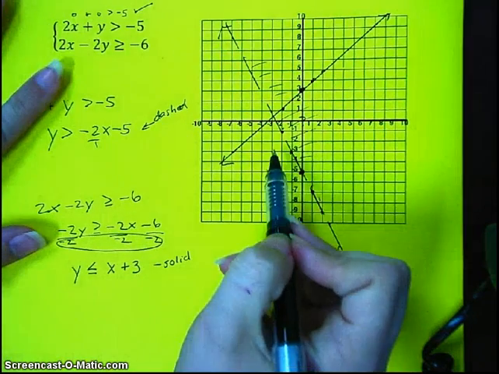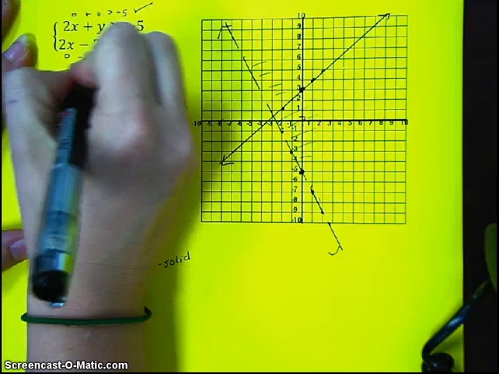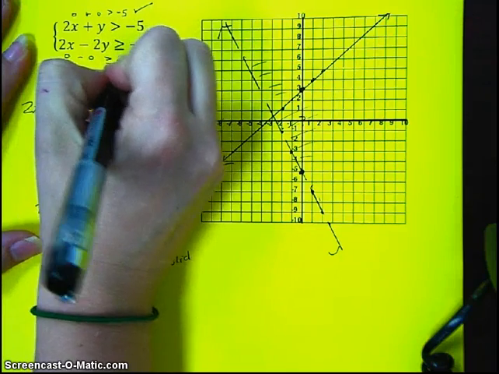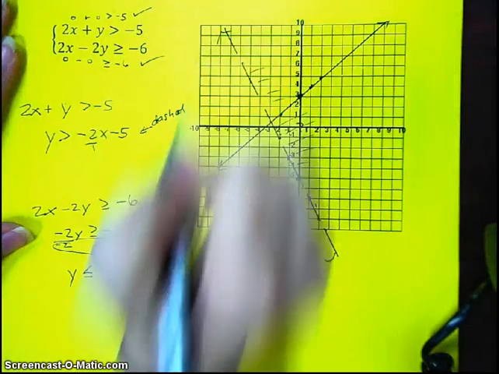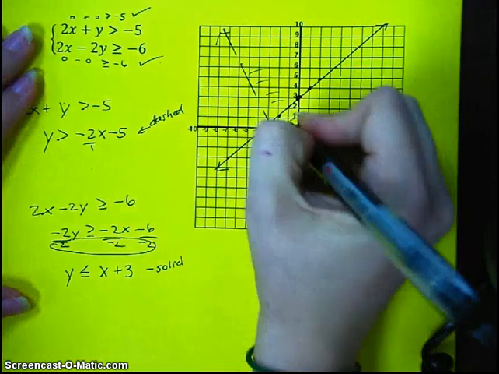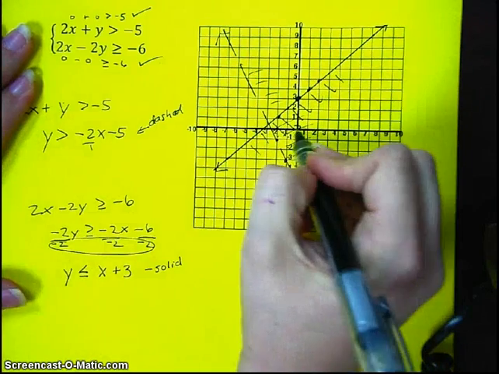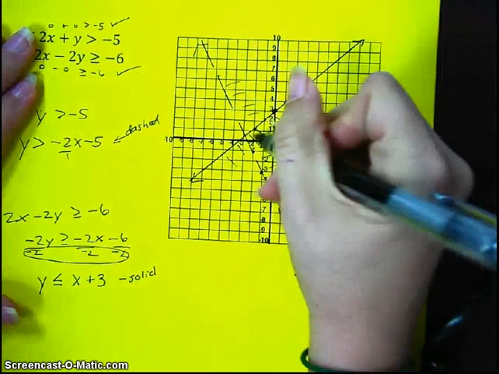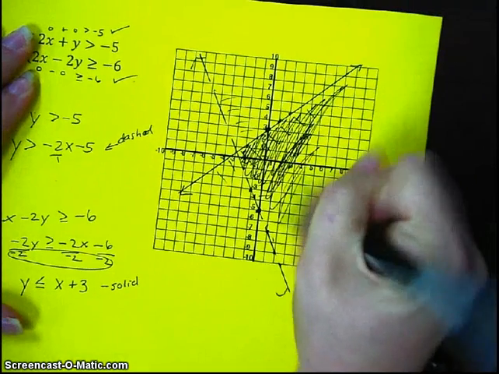So then we plug into my second equation. If I plug 0, 0 into my second equation, that gives us 0 minus 0 is greater than or equal to -6. Well, this happens to work in that equation as well, so it works in both of them, so that means I would shade this way. Now, they happen to overlap here where 0, 0 is, so that's where I'm going to darken in my shading, where they overlap.